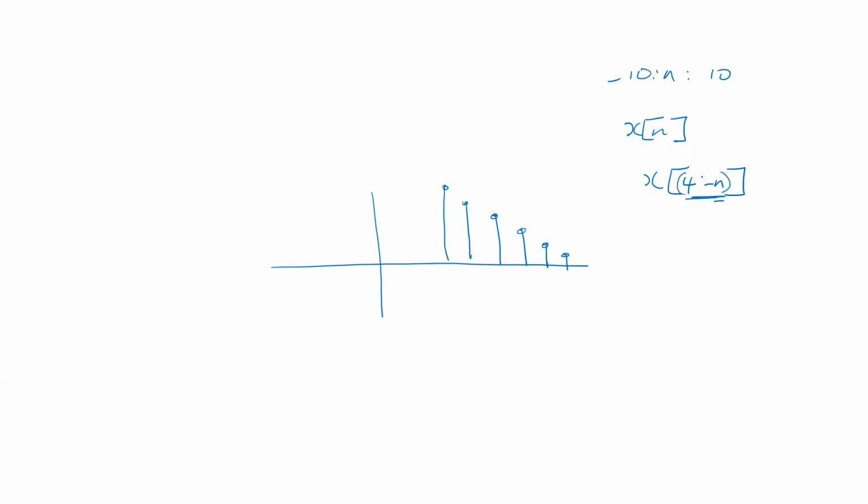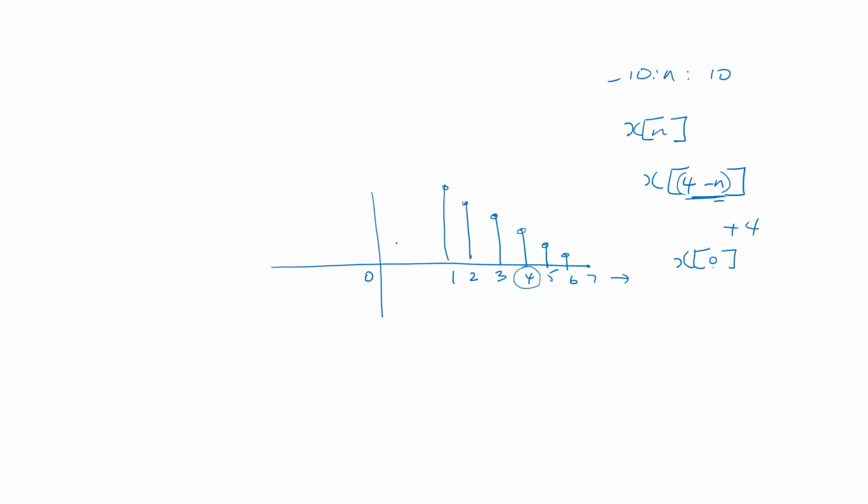So for instance, when n is plus 4, this will be x[0], right? So if I look here and let's say this is 0, 1, 2, 3, 4, 5, 6, 7 going on here. When n is 4, I am picking out the x[0] value, whatever that happened to be in the sequence.